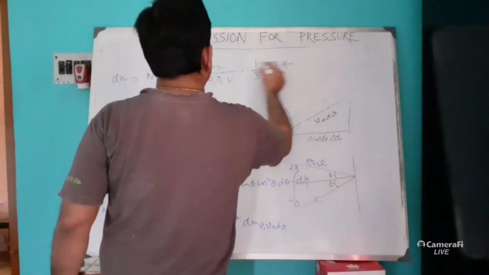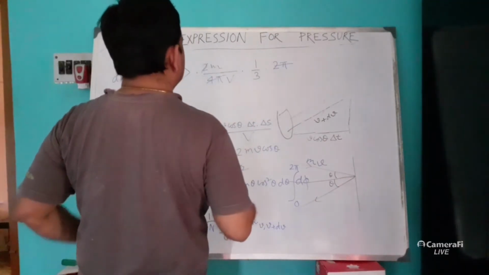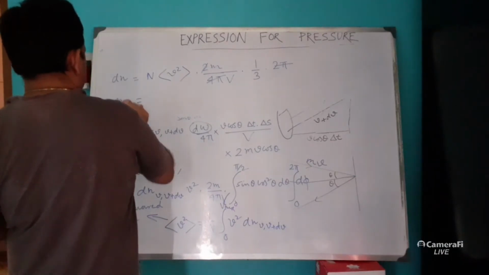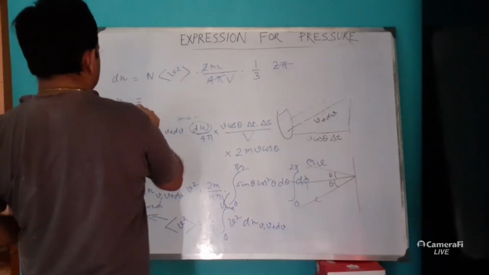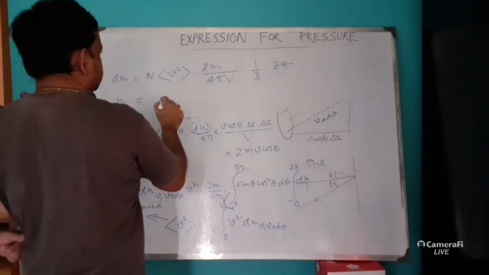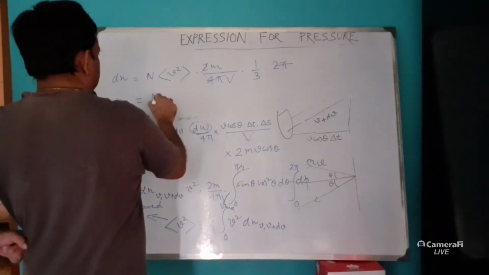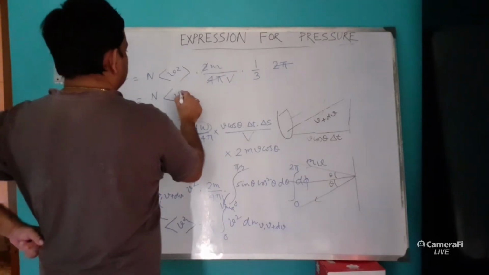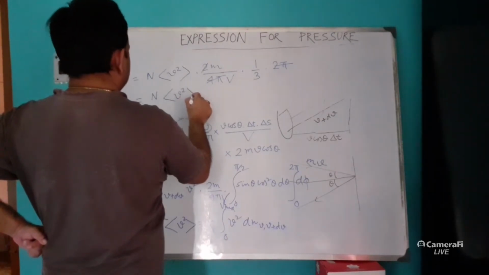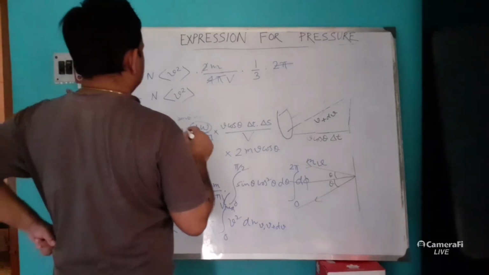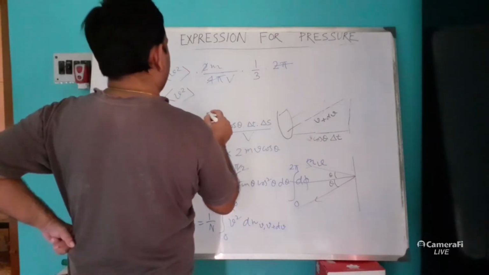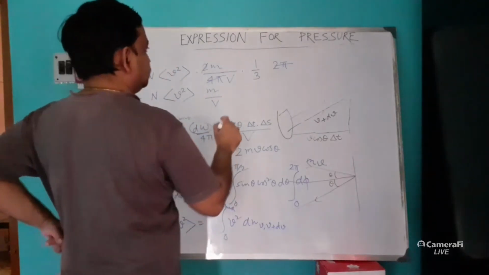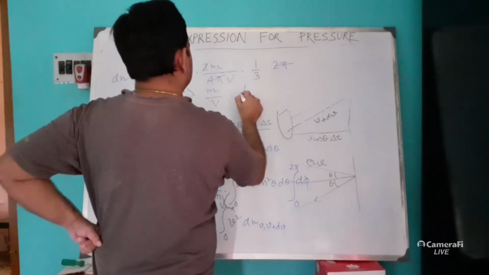So these two get cancelled, then we have N by V into 1/3 into m v squared.